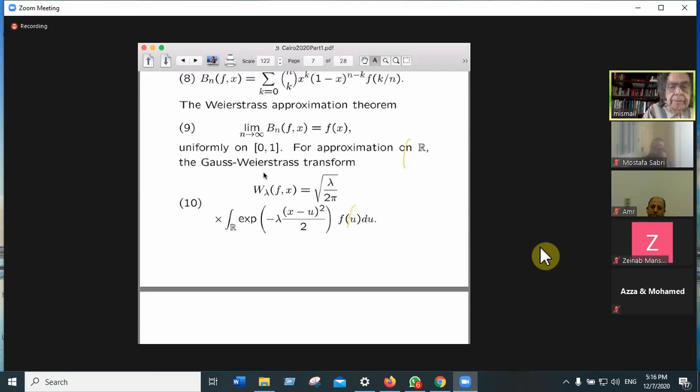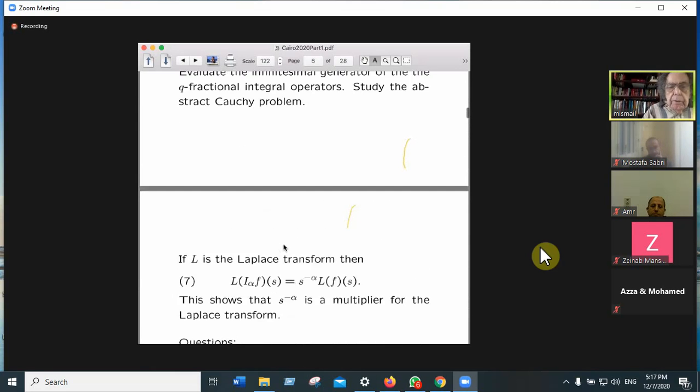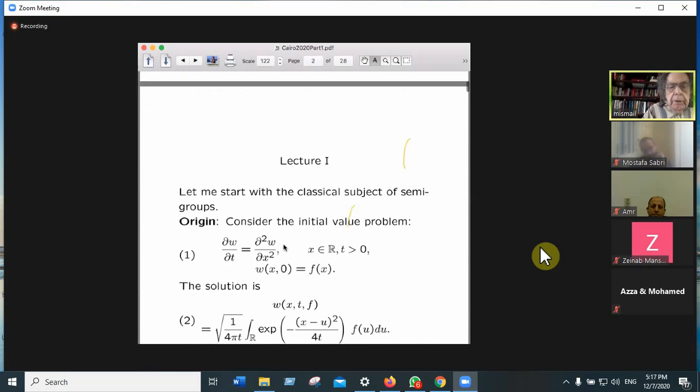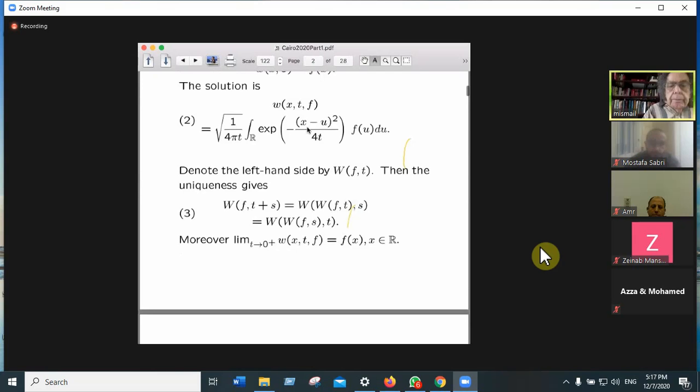And there is another transform called the Gauss-Weierstrass transform, which is this. We have seen this before. This is exactly the one I started with. And instead of 2t, I have a 1 over lambda, so instead of this 2t, I have a lambda on top.